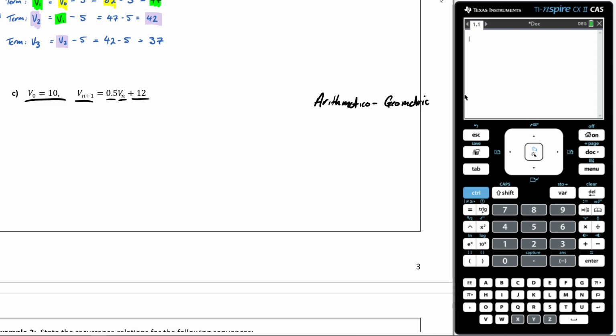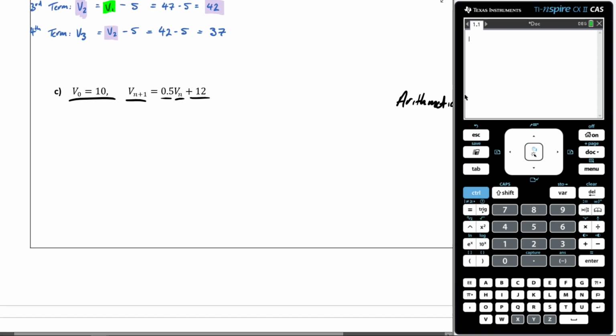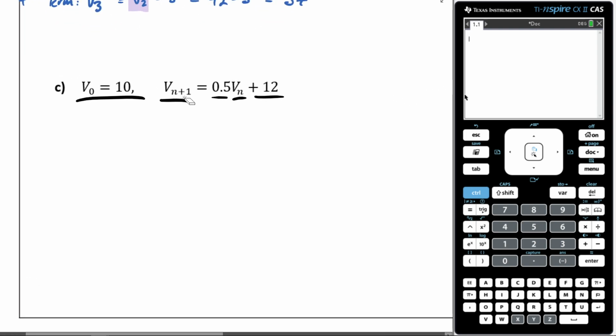We're going to have to see that when we go through our sequence. But that's what we call it. It's arithmetic-geometric, and then it's either going to be growth or decay. Let's have a look now and see how this works.